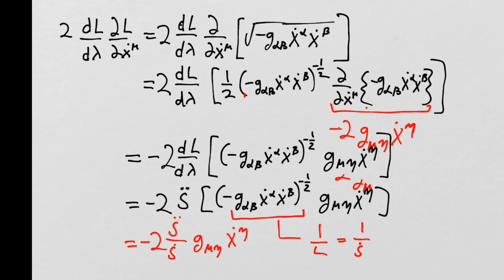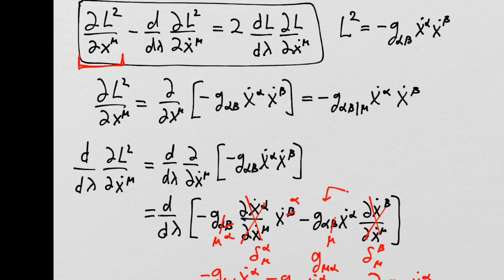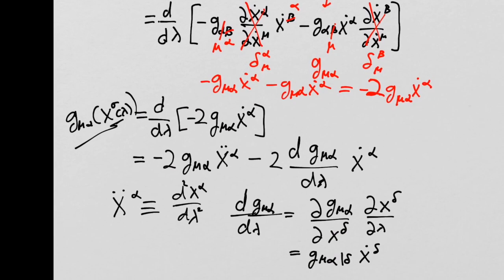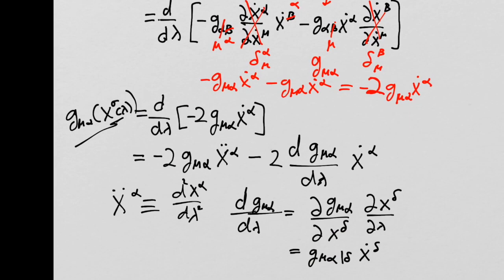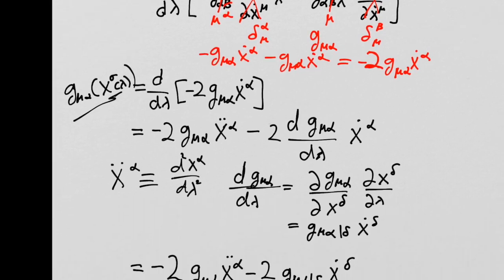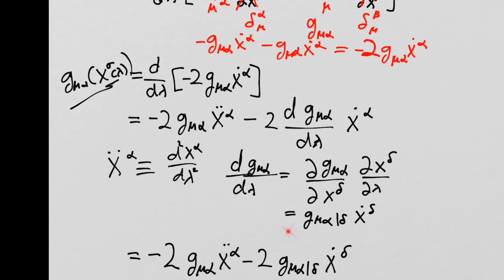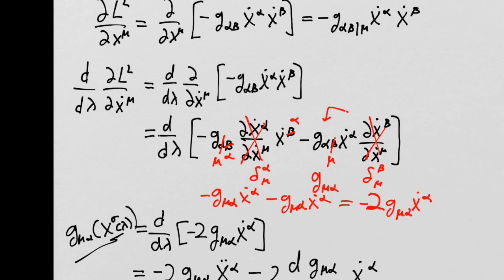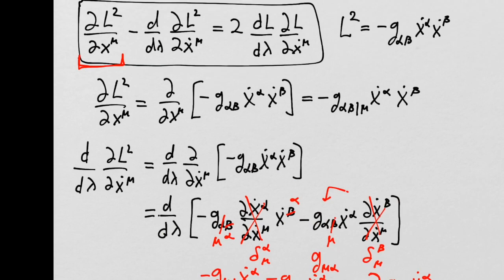So now we take this piece, which is that, then we take this piece, which is this, and then we take this piece, which is this, and we add them all together. And that's our next step.